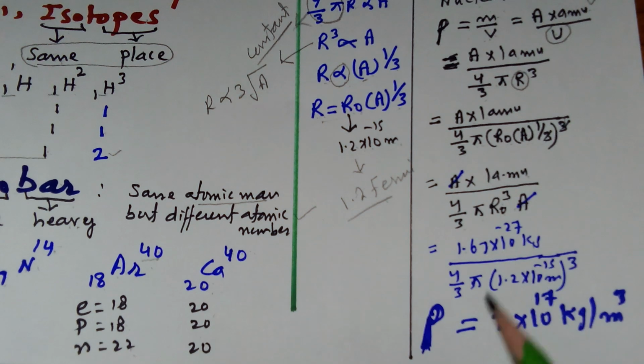When we solve this, we will get exactly the nuclear density, which will be 2 × 10¹⁷ kilogram per meter cubed. So this is the nuclear density. The nuclear density is the same for the nucleus of all atoms, irrespective of their sizes.